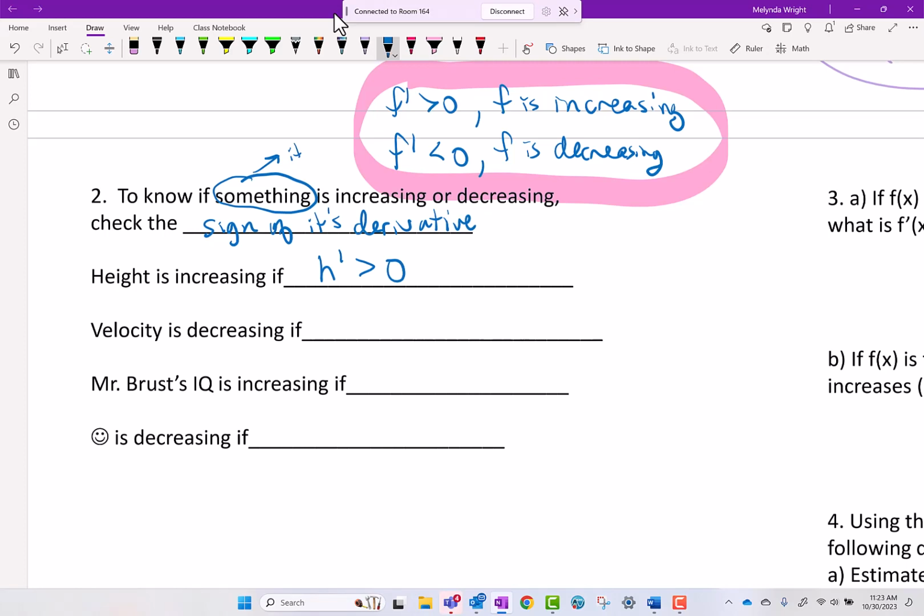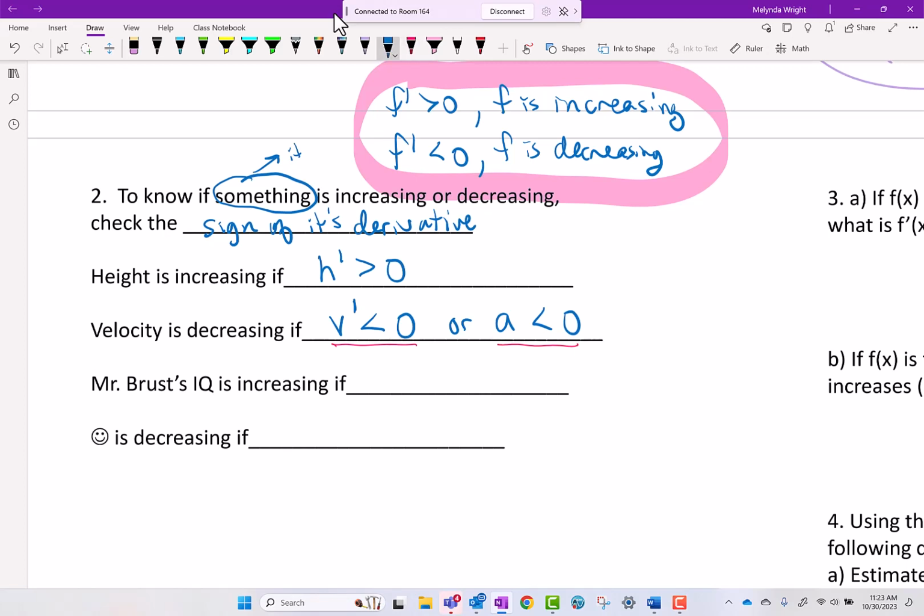Velocity is decreasing if the derivative of velocity is negative. And what is the derivative of velocity? It's acceleration, right? So you could say acceleration is less than 0. You could use either, the derivative of velocity is negative or acceleration is negative, to show that velocity is decreasing.